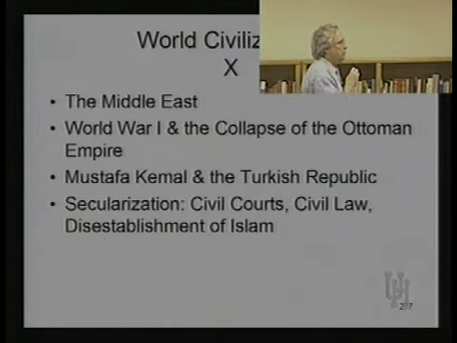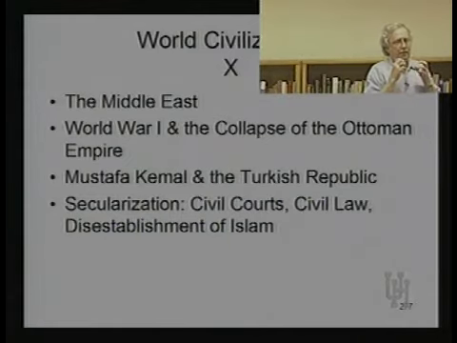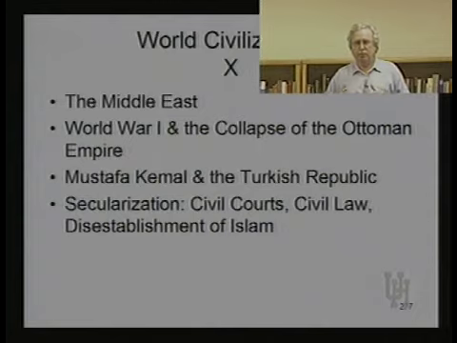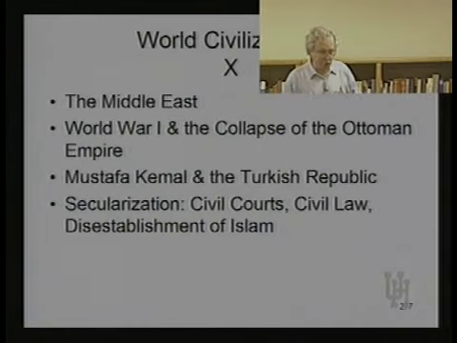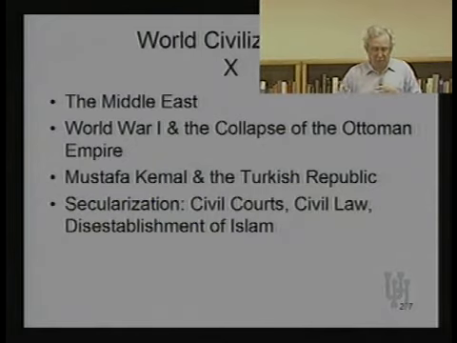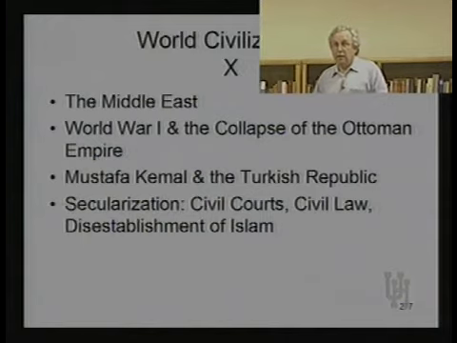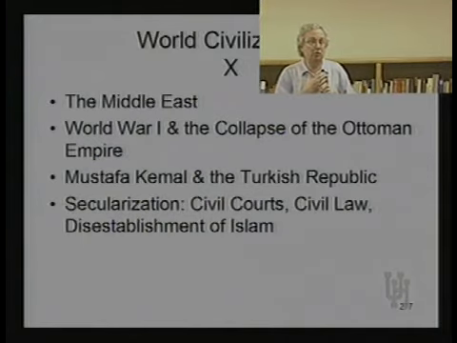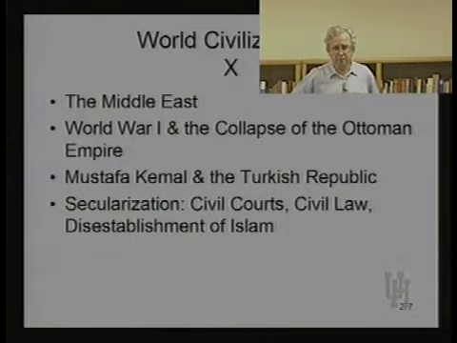His interest was in creating a nation state focused on the Turkish people. And in creating this Turkish Republic, he went to great lengths to establish what was predominantly a secular state, with civil courts, civil law, and the disestablishment of Islam, meaning Islam was no longer the official state religion.